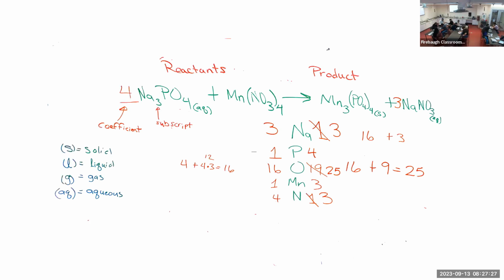Okay, so then here I have 4 phosphorus, but that's going to change my sodium, right? How many sodiums do I have now? We have 4 times 3, 12. How many oxygens do I have now?